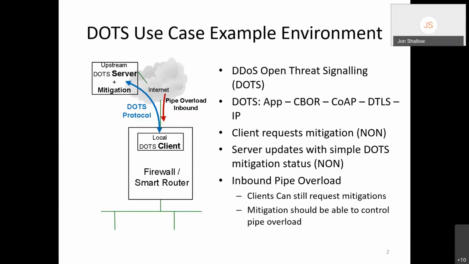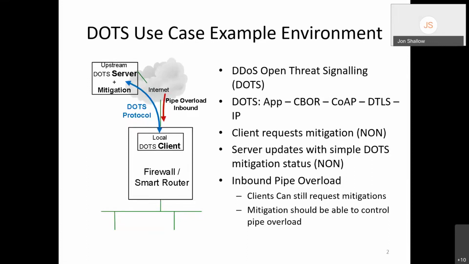And so essentially the application is using CBOR across CoAP across DTLS. And by and large, when the client says, I need help, he will send it as a non-confirmable mitigation request, and the server periodically can update the client with what's going on, again with non-confirmable stuff, primarily because the inbound pipe may be overloaded due to a DDoS attack.